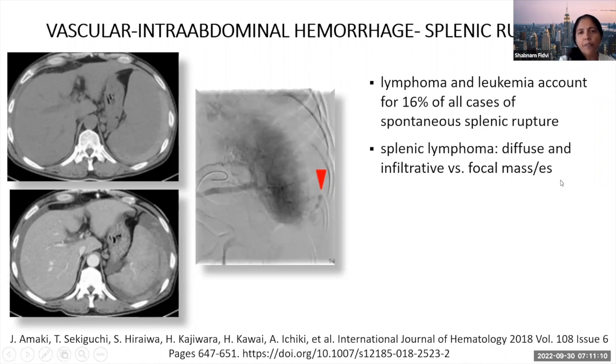Both leukemia and lymphoma can be causes of spontaneous splenic rupture in up to 16% of cases, and lymphoma in the spleen can manifest either as a diffuse and infiltrative form, or can be more focal, with a single mass or multiple masses, excuse me.